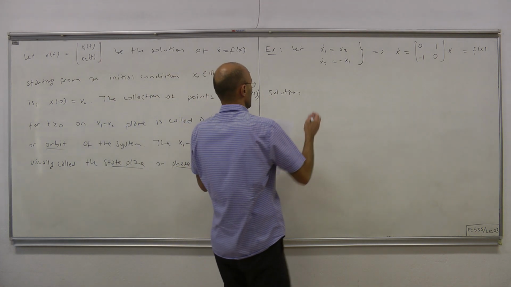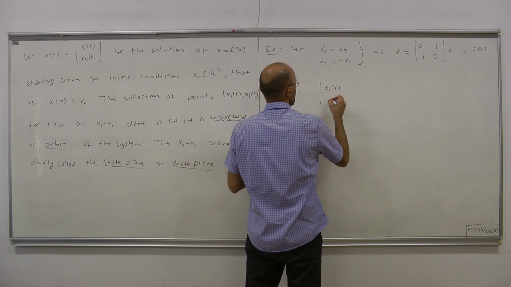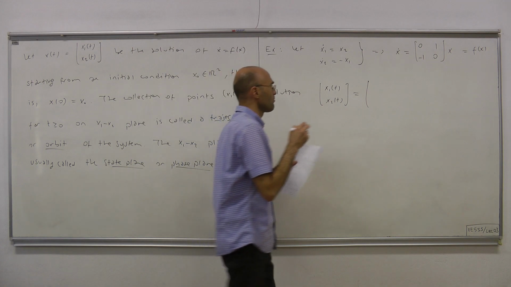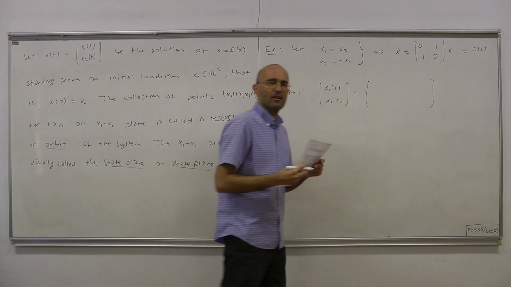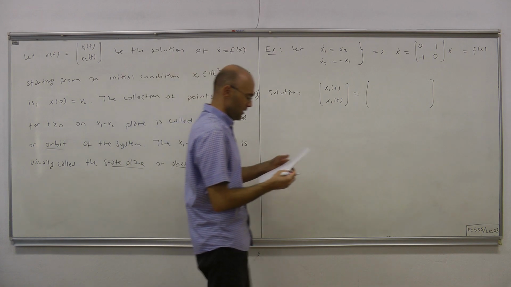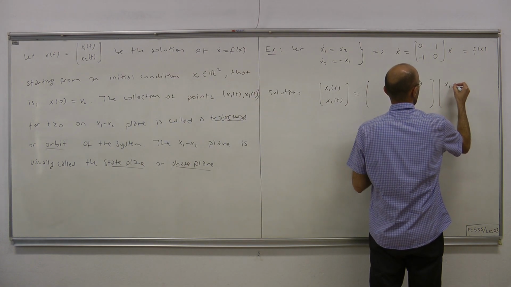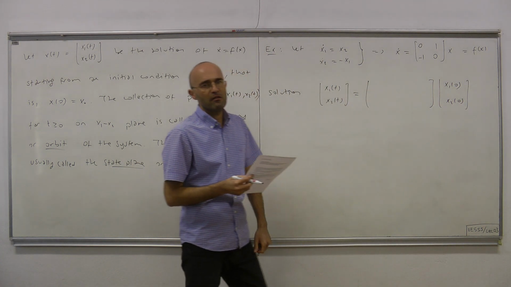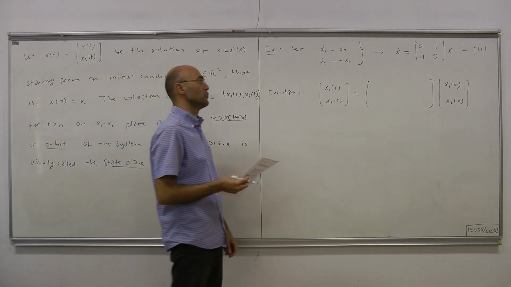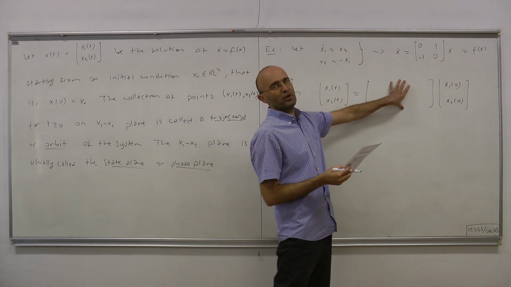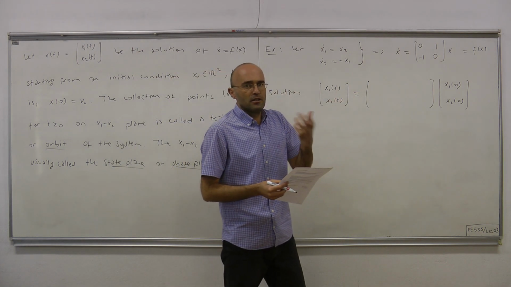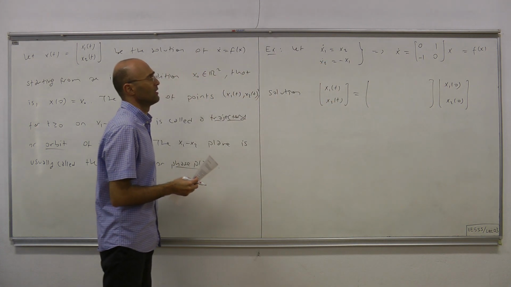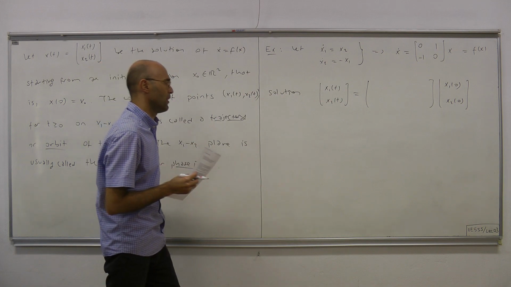And the solution is x1 of t, x2 of t equals some matrix that changes with respect to time times the initial condition vector, which is x1 of 0, x2 of 0. And this time-varying matrix, you remember from 542, is called the matrix exponential, denoted by e to the At, A being our system matrix for our LTI system.